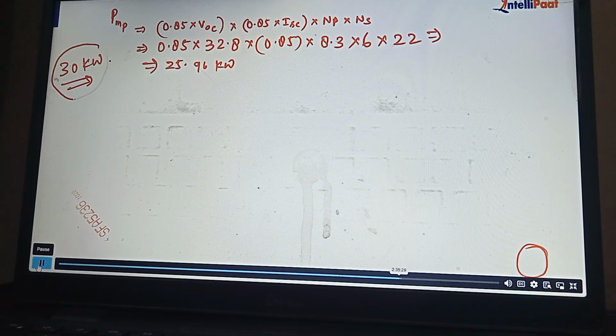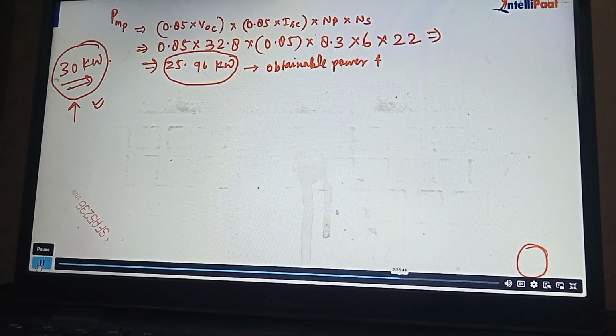So you can see the installed capacity, or you are talking about the 30 kilowatt charging station, but the maximum obtainable power from the PV based charging station could be equivalent to 26 kilowatt, not more than that.